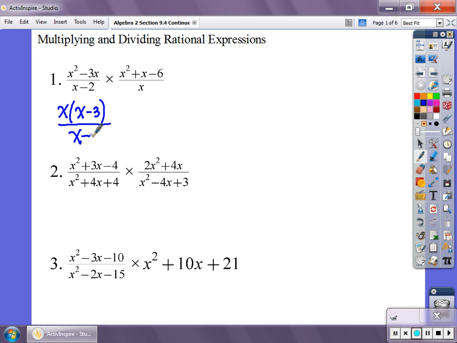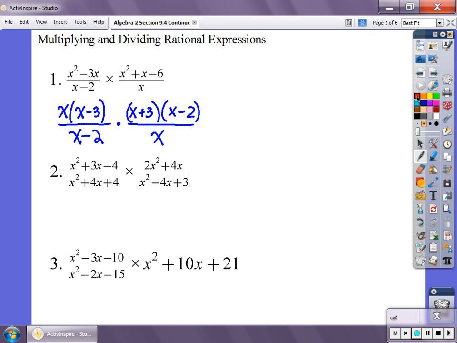X minus 2 is simplified, so we write that. And then we have times. Now I need to think of factors of negative 6 that add up to positive 1. And so those are going to be plus 3 and minus 2, because 3 times negative 2 is negative 6. 3 plus negative 2 is positive 1. And then we have an x left over on the bottom.